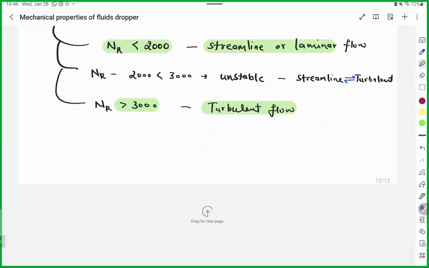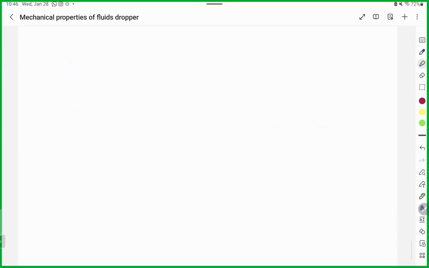So now we come to the main topic and last topic of this chapter, surface tension. What do you mean by surface tension? I know what the phenomenon is, but I forgot the definition.